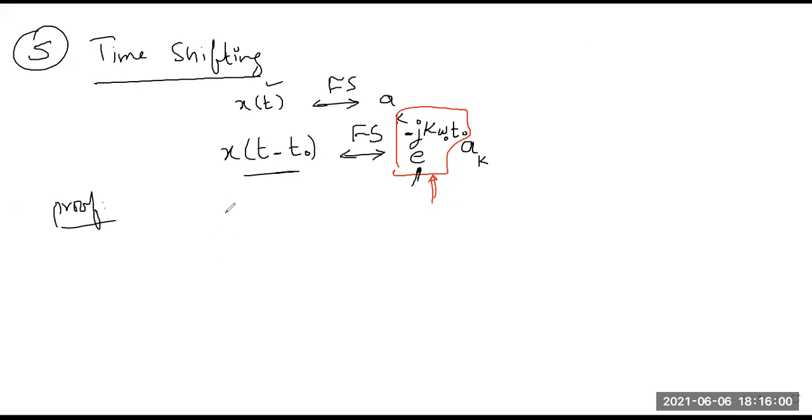So again, I am going to represent the Fourier coefficient of this signal as ak dash. So what will be the expression for ak dash? Ak dash will be calculated based on this result. So 1 over t, integration over t. And the signal is x of t minus t naught. So we have e power minus j k omega naught t.